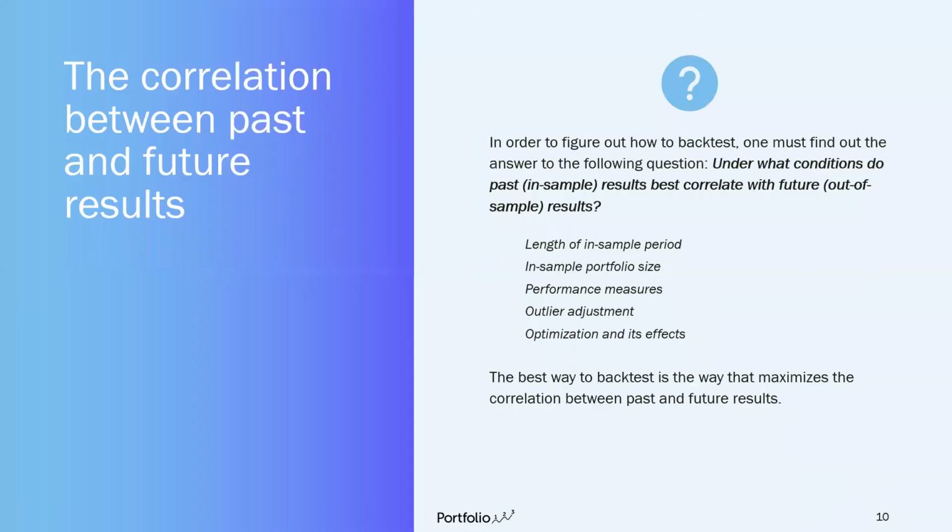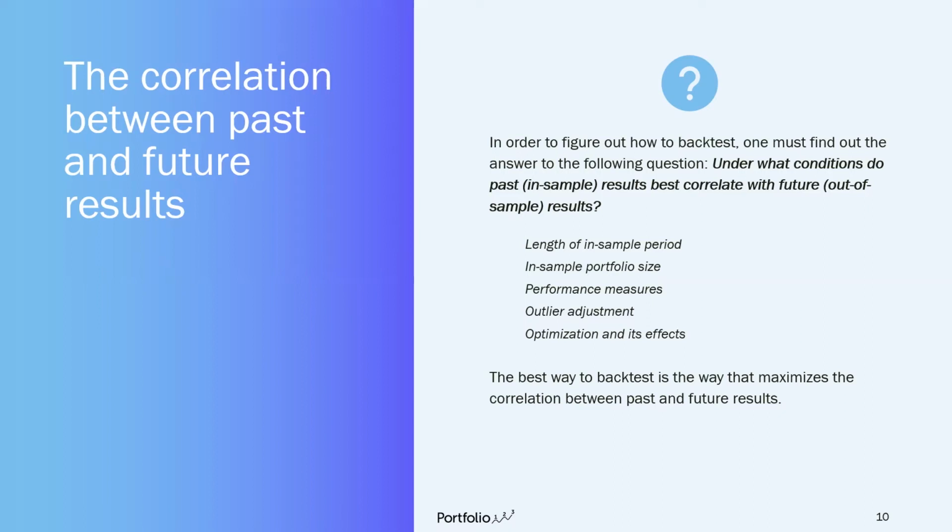Now, the correlation between past and future results, which is going to be the subject of about half of this webinar, is a very important idea. In order to figure out how to backtest, you have to find out the answer to the following question. Under what conditions do past, which we're going to be calling in-sample, results best correlate with future, which we'll call out-of-sample results?